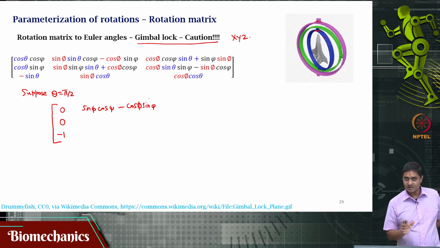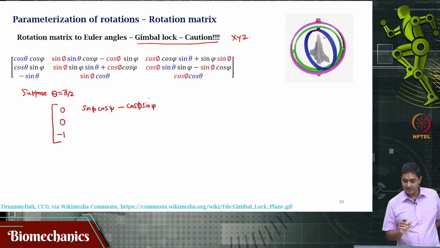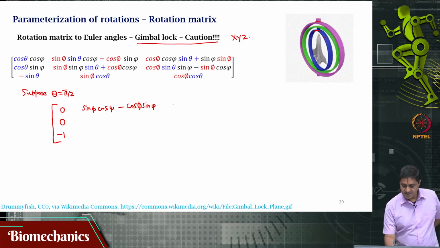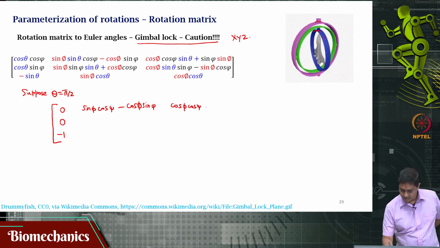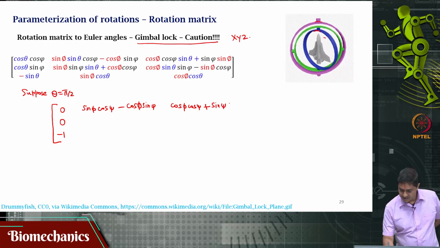Already I am getting some hints about what is happening, because this looks like a trigonometric identity, but let me proceed. The next one is cos phi cos psi sin theta. Sin theta is 1, so I am going to write this as cos phi cos psi plus sin psi sin phi.